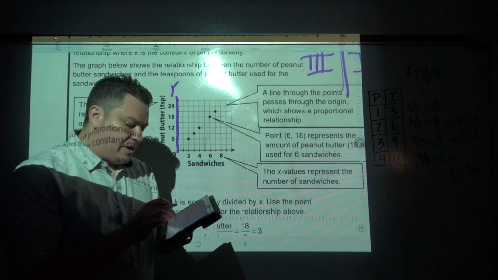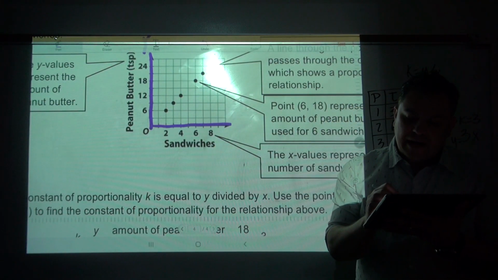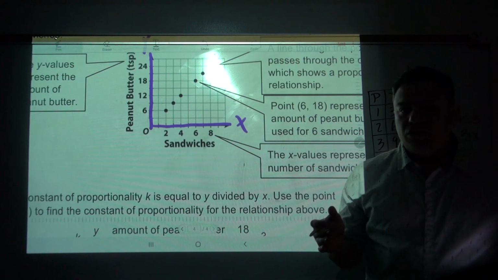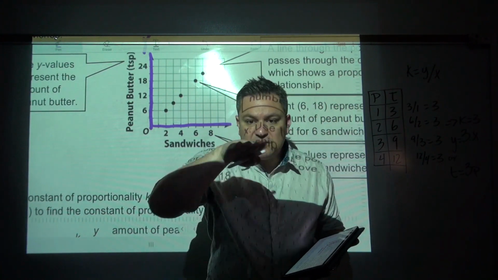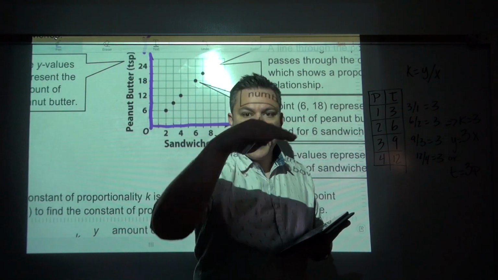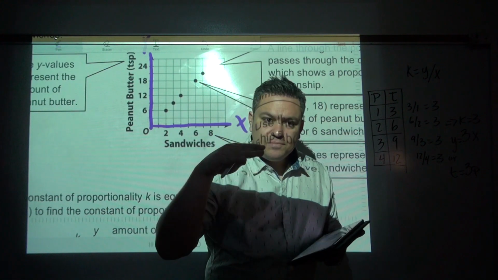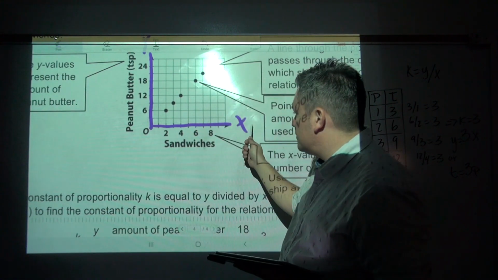And then we have the X value. The X value is the horizontal. So you can remember by looking at the horizon. When you look at the horizon, you look that way, right? It's horizontal. And that's the x-axis, right here.